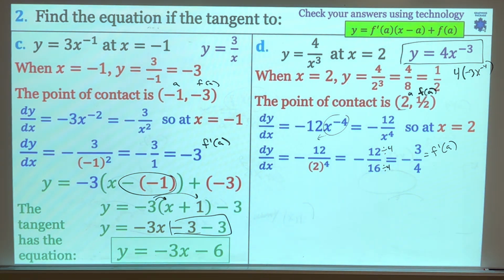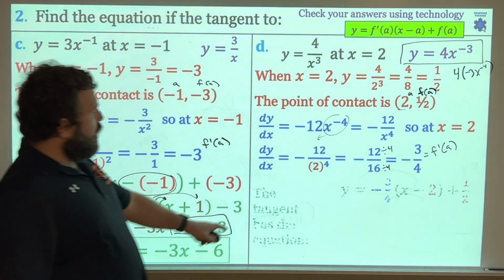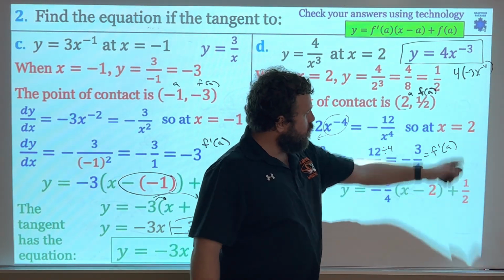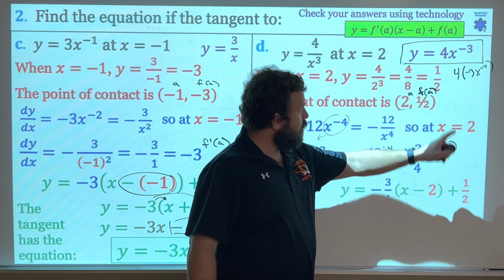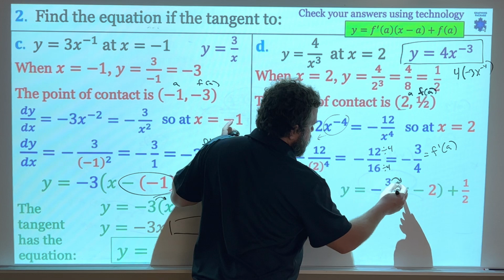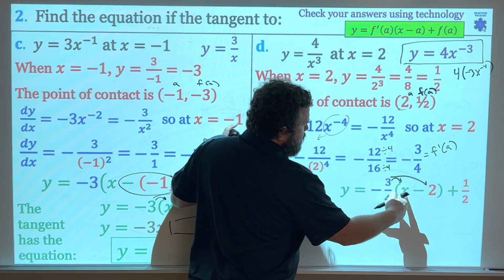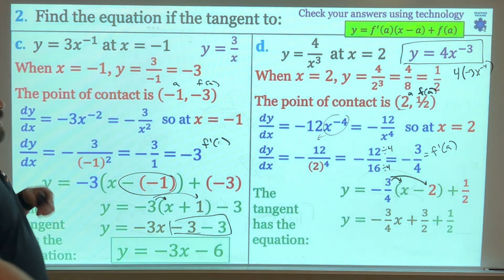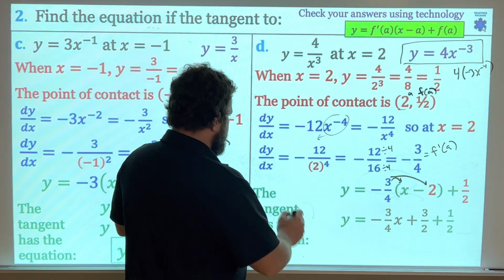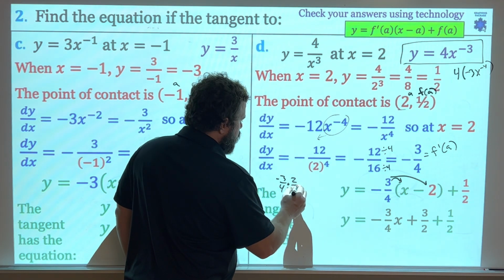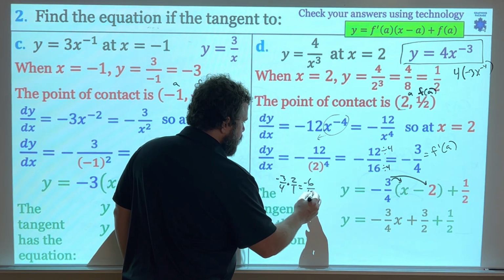All right? Plug them in. Y equals negative 3/4 x minus 2 plus, distribute the negative 3/4. Negative 3/4 x, minus times minus is a plus 6 over 4. Now, negative 3/4 times 2, or 2 over 1, is negative 6 over 4.